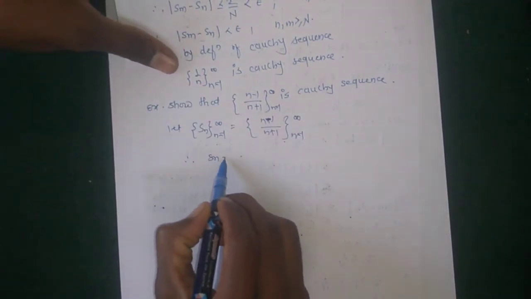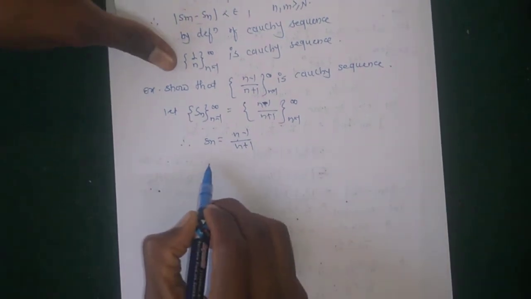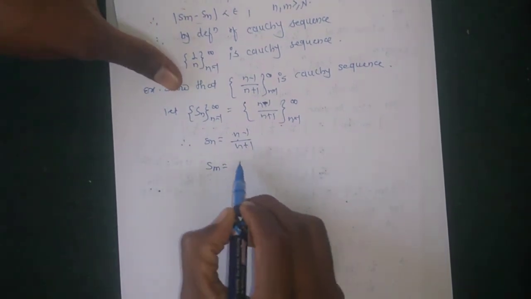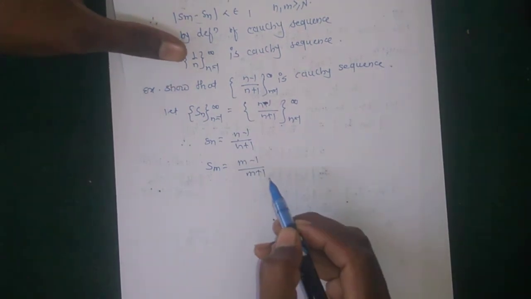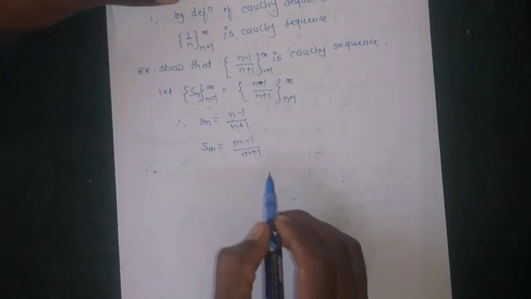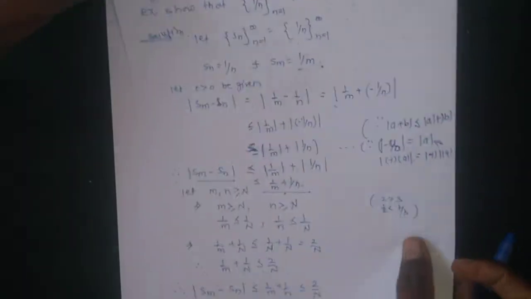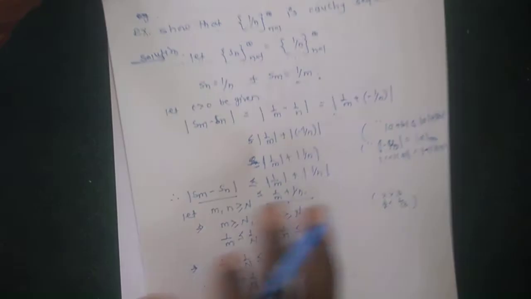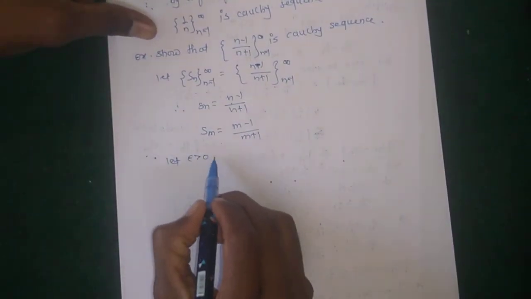Therefore Sn = (n - 1)/(n + 1), and Sm = (m - 1)/(m + 1). Similarly, let epsilon greater than 0 be given.